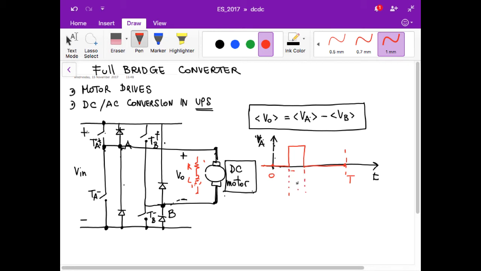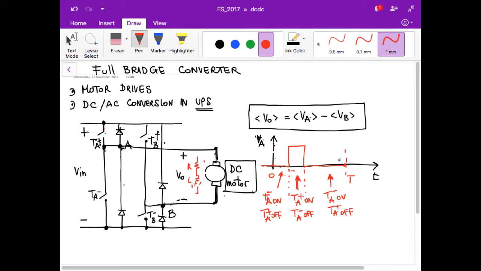In this time I have TA plus on and TA minus off, and during this time I have TA minus on and TA plus off, and during this time I have TA minus on and TA plus off.